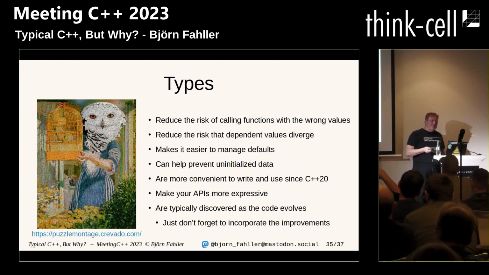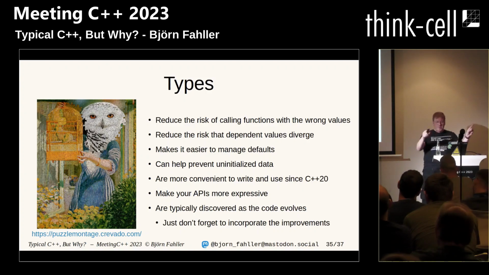Types reduce the risk of calling functions with the wrong values. They reduce the risk of reordering. They reduce the risk that dependent values diverge, like in the case of the network packet buffer.